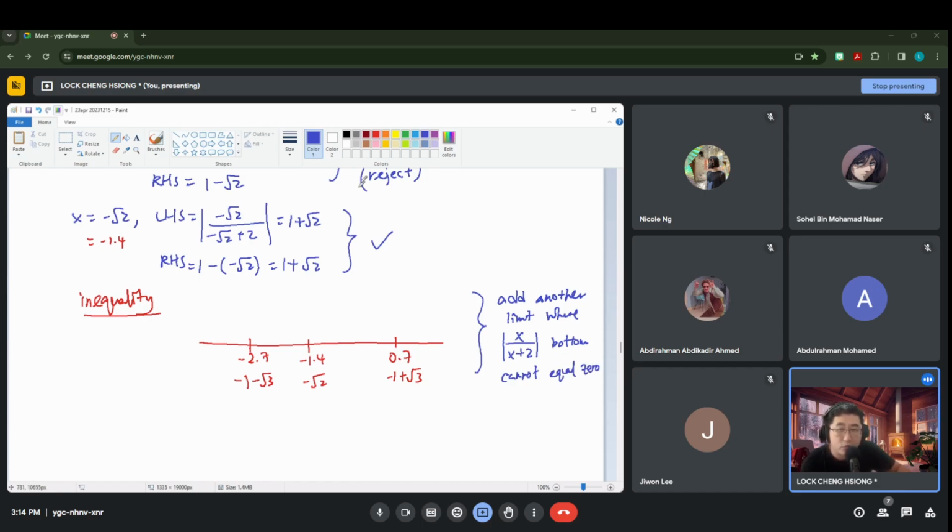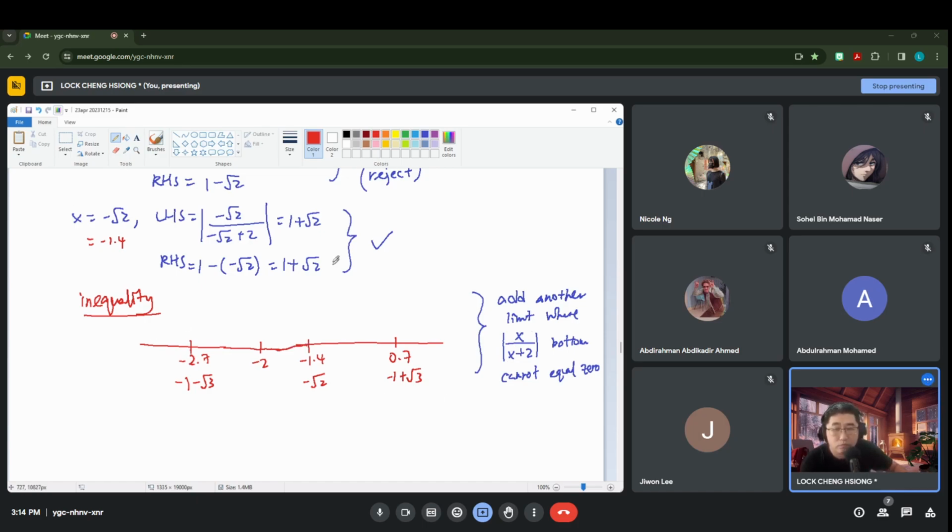So I have a negative 2 somewhere. Okay, so this number line is separated into 4 parts, and I need to check the answer for the 4 parts.